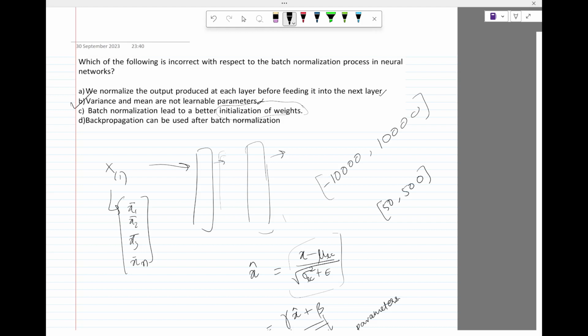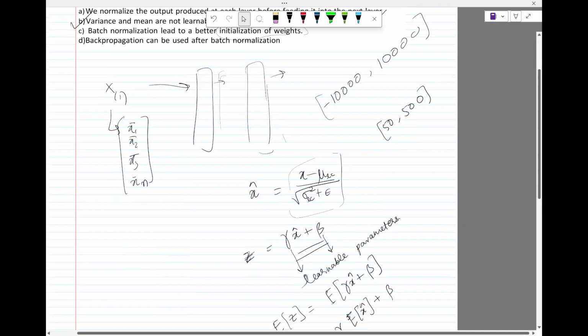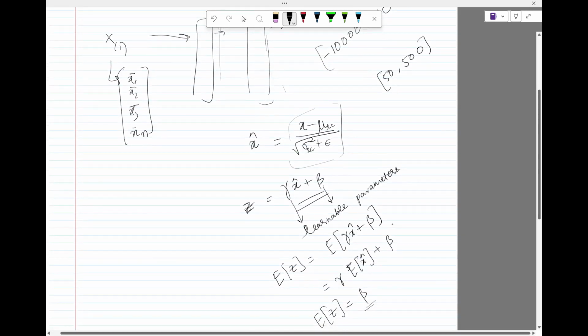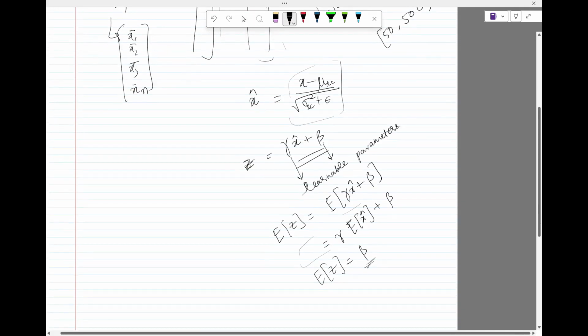Now when I'm normalizing both these data sets, I bring them to a certain range which depends on my beta and gamma for both the data sets.